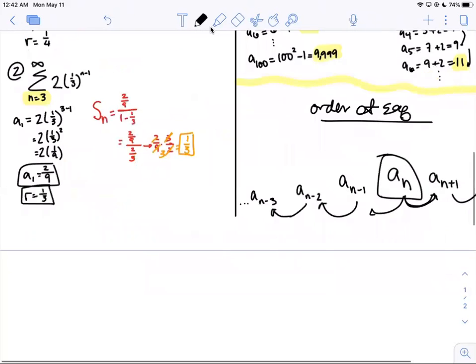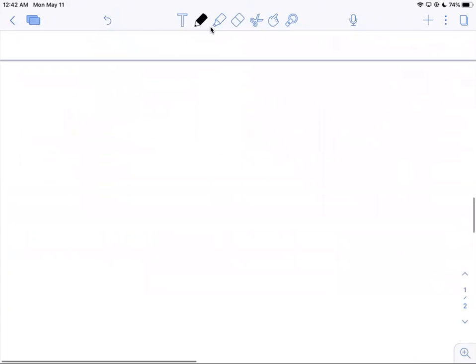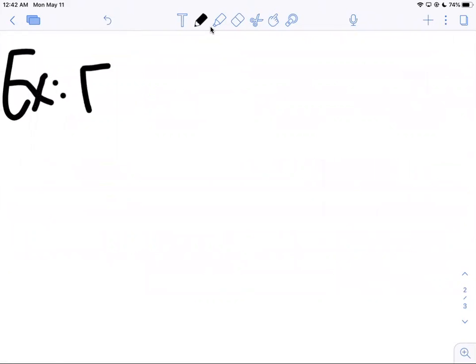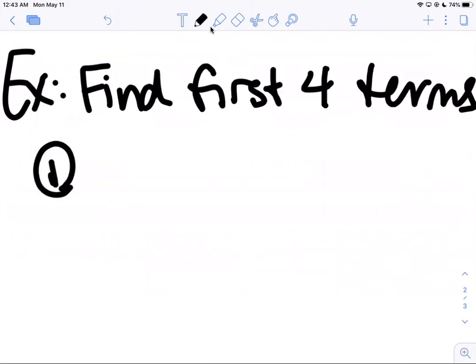All right, now we're going to do a couple examples on how we solve problems like this. The first type of problem I could give you would be: find the first 4 terms. And I'm going to give you recursive equations for this.